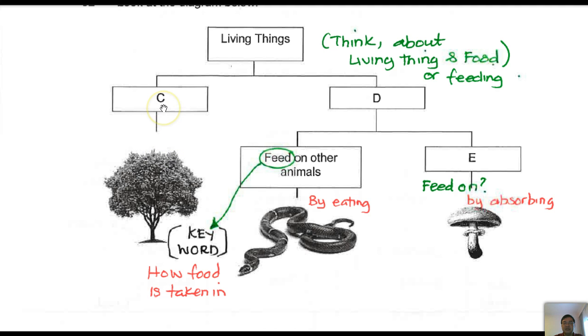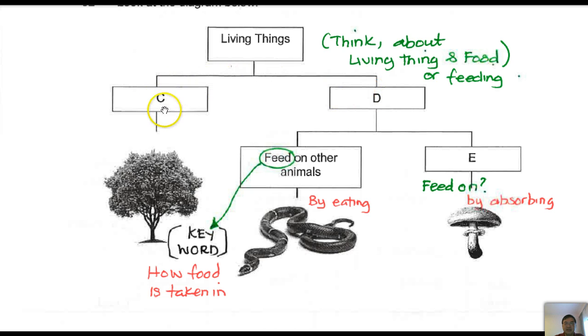They don't have mouth, or they do not eat anything directly, there's no feeding done. So the plants can make their own food. So under this category will be they make their own food, and this one most probably the opposite. You have to think of the opposite. They can't make their own food, or they feed on other things.